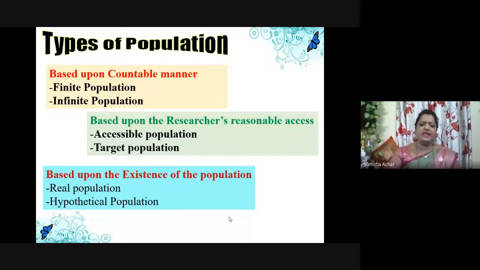Generally, we concentrate on the accessible population here, right? In any type of social science research, we target an accessible population, because of course we require samples, and the samples should be accessible and should come from the population. So we normally consider the accessible population for our study.